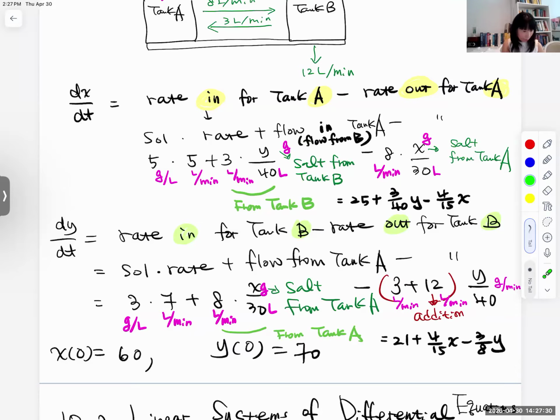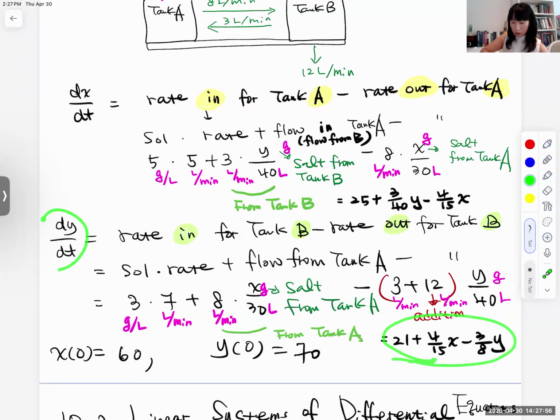Now, so let me change, this is grams per liter, right? Grams per liter. Everything okay, right? So we have this one for dy over dt, and we have dx over dt, and we have initial values, right? Okay, so we are done with 10.1.